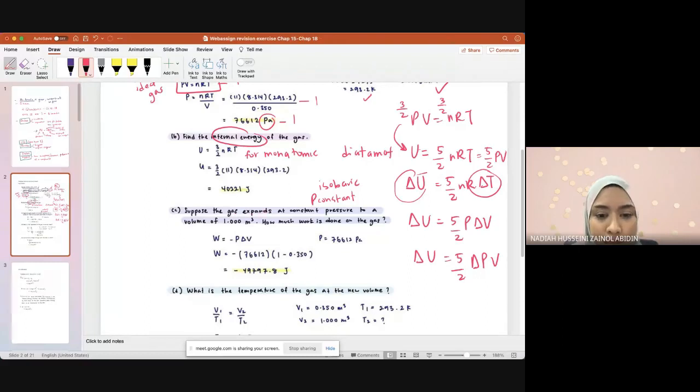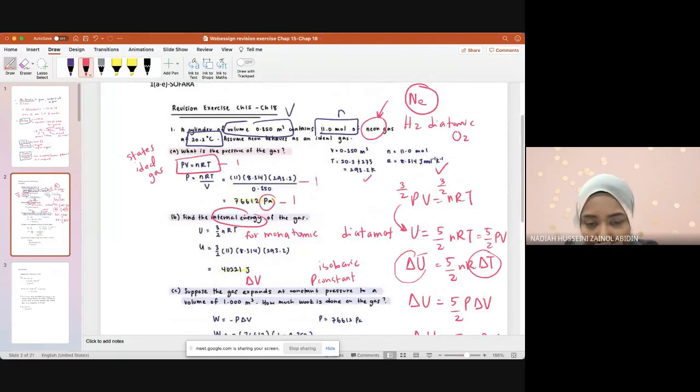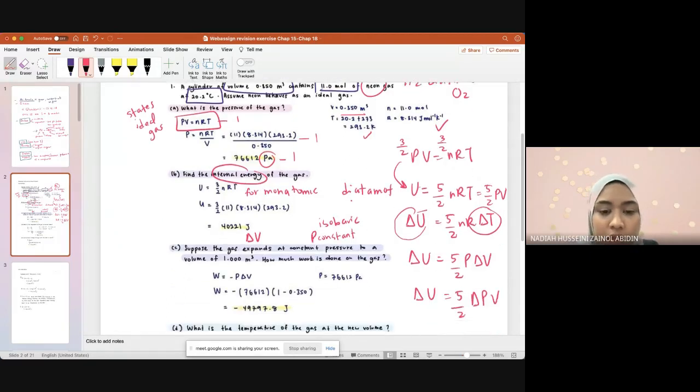Suppose that the gas expands, meaning to say the volume changes, so there is a delta V, going to a volume of 1000 meter cube. Mula-mula tadi, the volume was this one, 0.35. Okay, so there is a change. How much work is done for the gas?